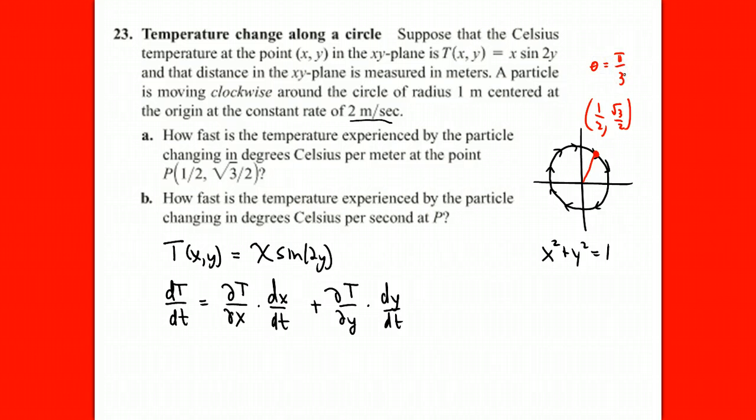Okay. So I need to incorporate theta somehow, or maybe z. What exactly is this 2 meters per second? We need to quantify that. We need to say this is equal to d something dt. Well, we can easily get the partial derivative of T with respect to x and with respect to y. Those aren't the issues. The issues are dx/dt and dy/dt.